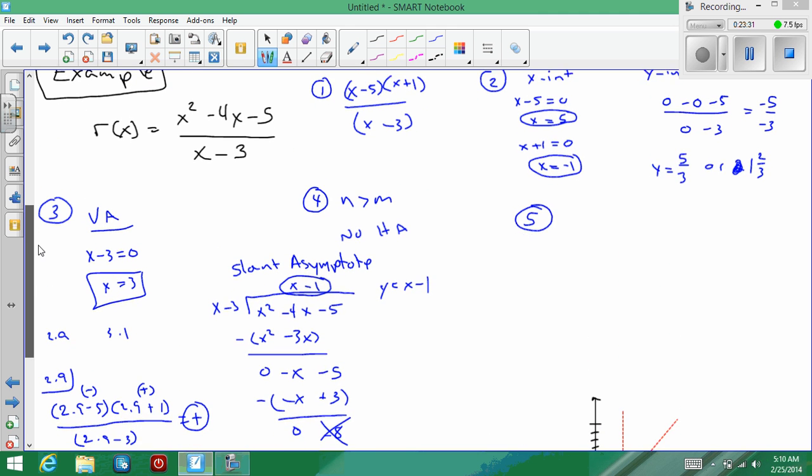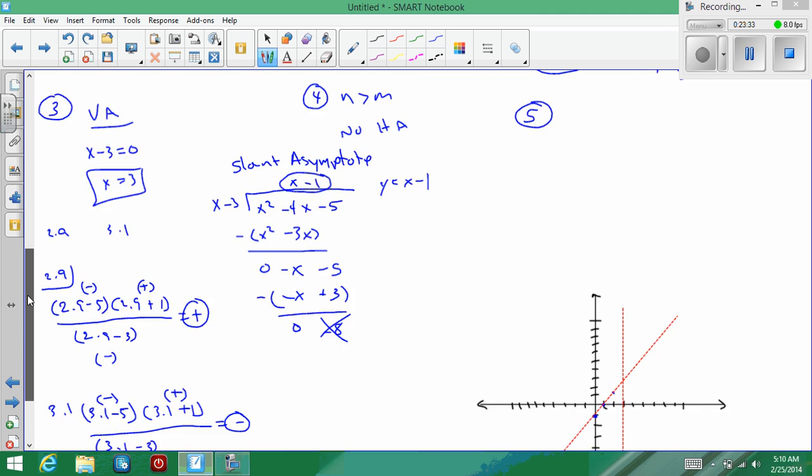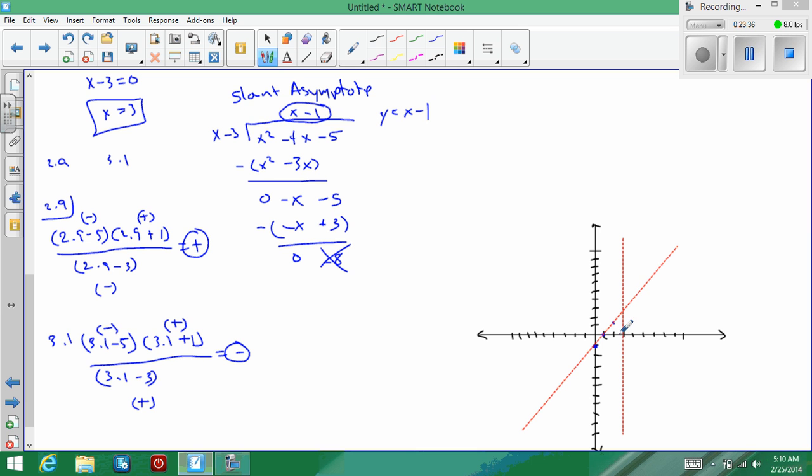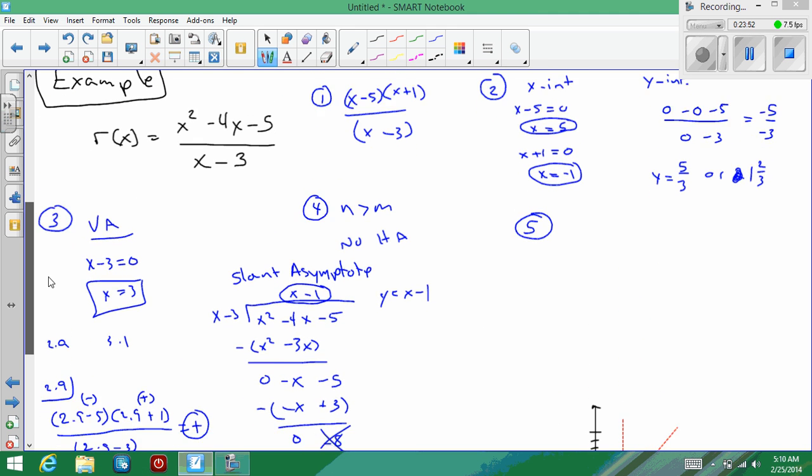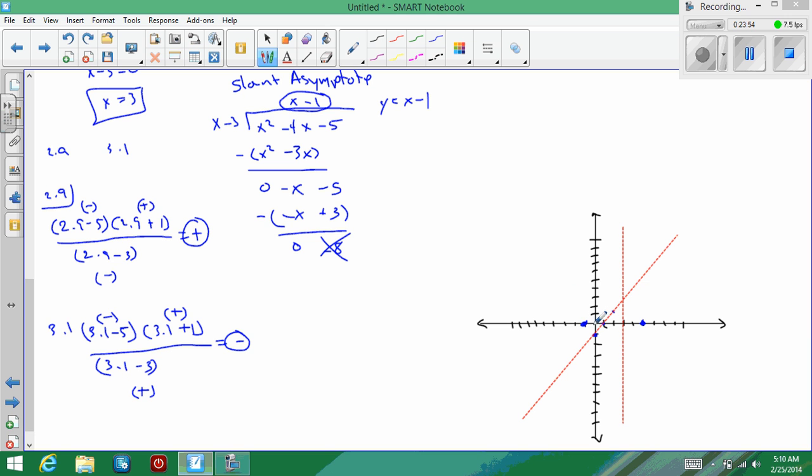I have my x-intercepts at 5 and negative 1. So 1, 2, 3, 4, 5, and negative 1. And I have a y-intercept at 1 and 2/3. 1 and 2/3. Right about there. Okay.